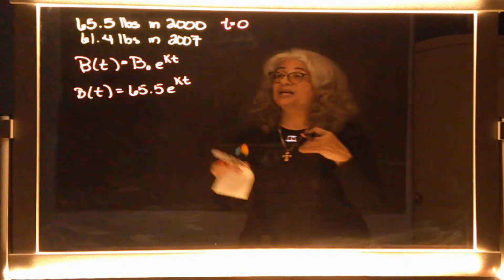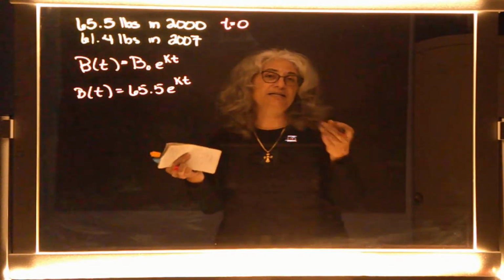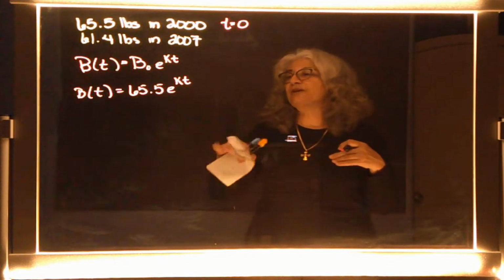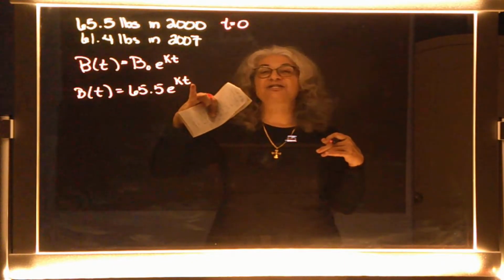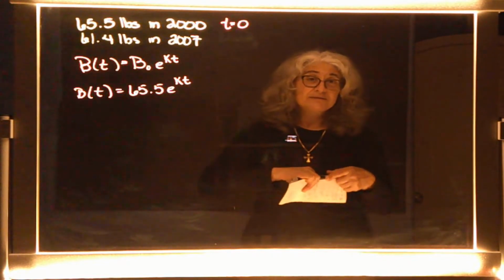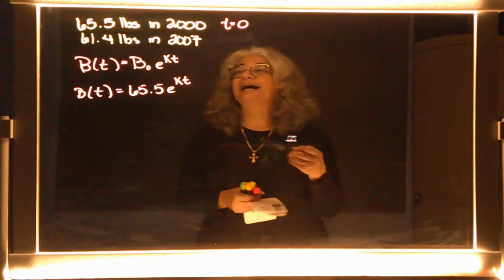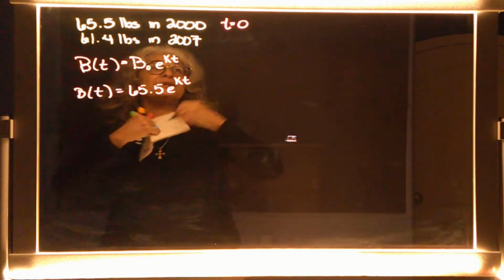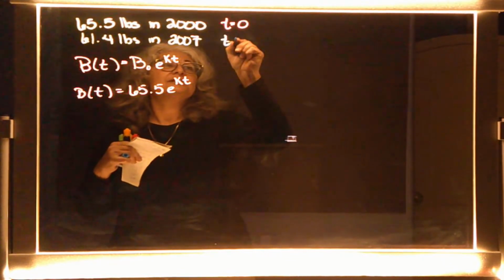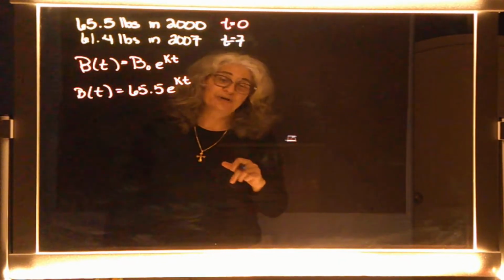So if I'm looking for the rate, because that's the other piece of the puzzle I need to write a specific function, if I'm looking for the rate, that must mean I need to know t and I need to know the ending. Do I? You're right, I do. I do know at t being equal to 7, my ending is 61.4, don't I?